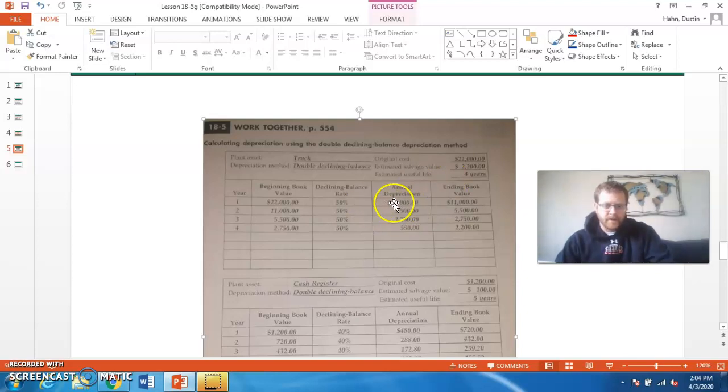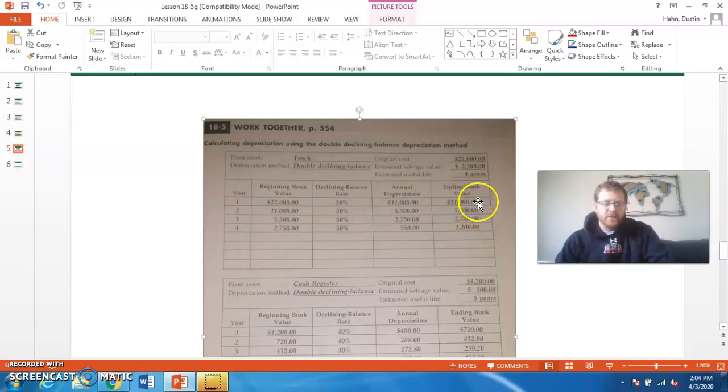So that's where that $11,000 comes into play. Take your $11,000 divided by $22,000, and that comes up with 50%. So in year 1, this truck depreciates 50%. So take $22,000 minus $11,000, that's your $11,000 right there.